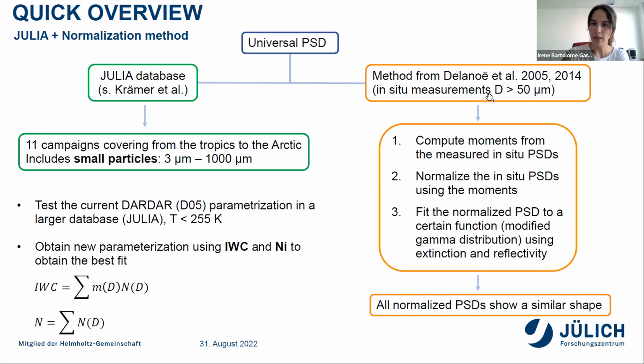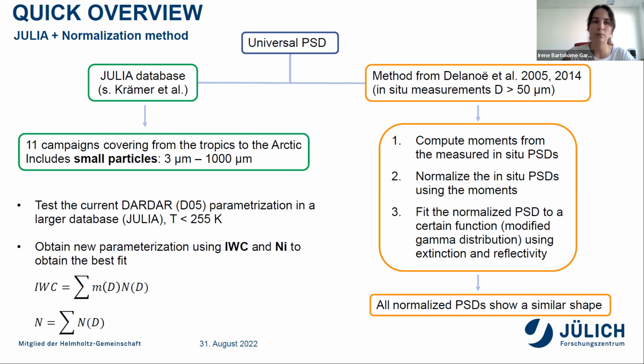This normalization method consisted in computing moments of the measured in situ PSDs, normalizing the in situ PSDs using these moments, and then, because all the normalized PSDs have a similar shape, finding a function that would apply to all of them, in this case, a modified gamma distribution.